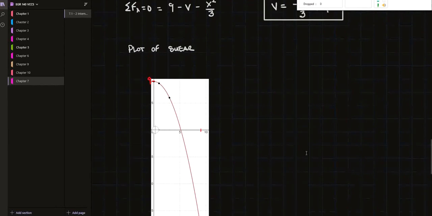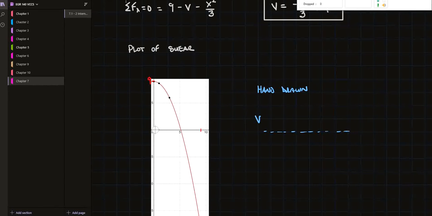So if we were going to draw our shear diagram by hand, we would draw it like this, hand drawn. Now it won't necessarily look to scale like the plot over here, but it will contain all the information we need.